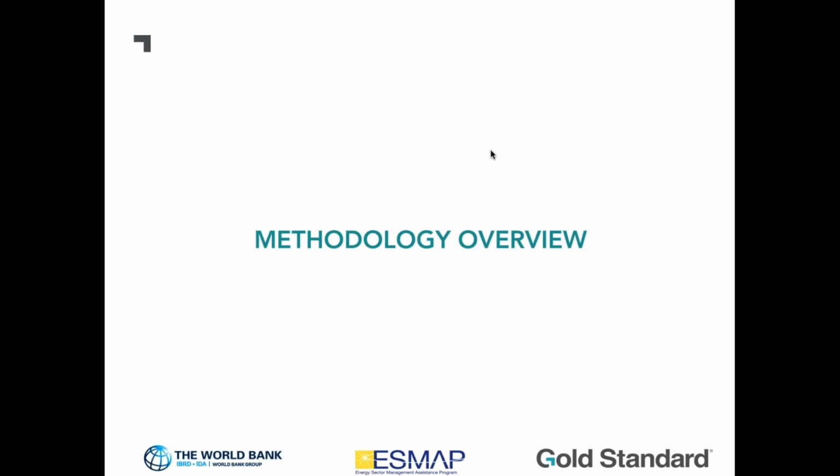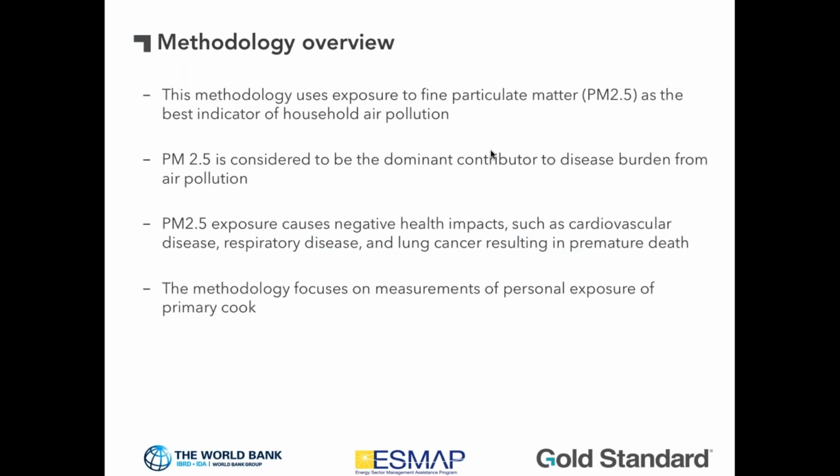Over the course of the next few slides, I would like to briefly take everyone through an overview of the methodology and give a broad overview of what this methodology actually entails. So the methodology uses exposure to fine particulate matter or PM 2.5 as the best indicator of household air pollution.